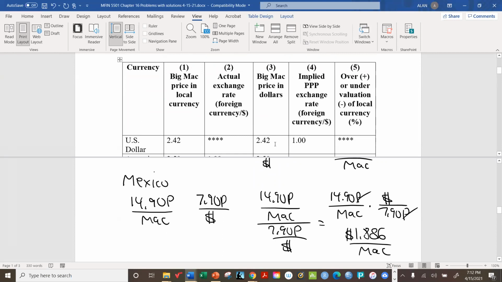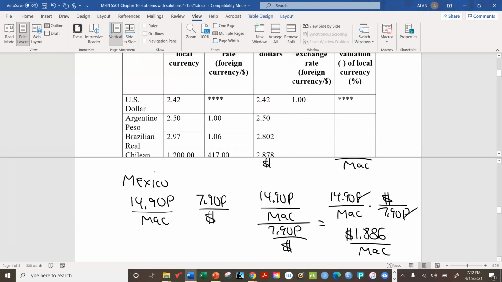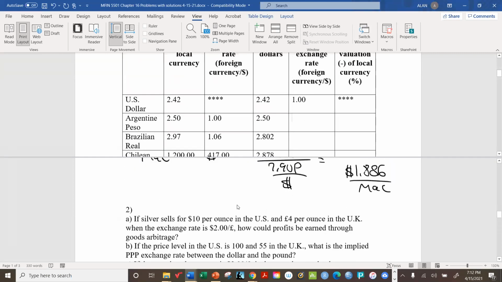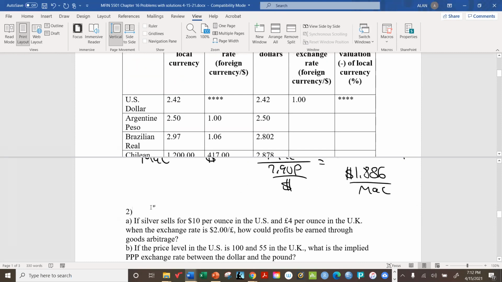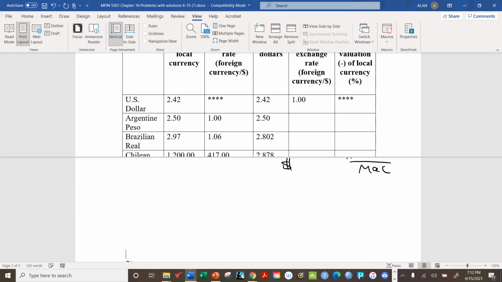All right, so for these, what you have to do, well, let's try it. Let's start with Argentina. Okay, so here's what you have to do.